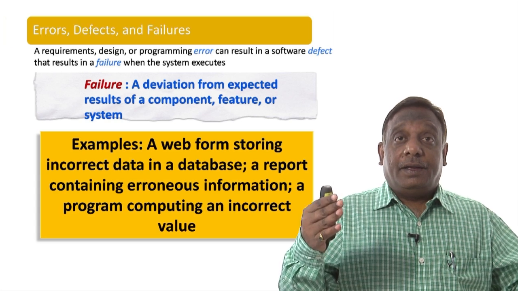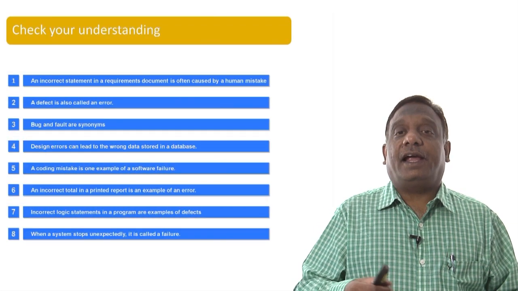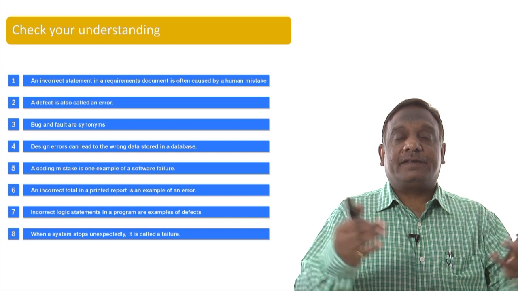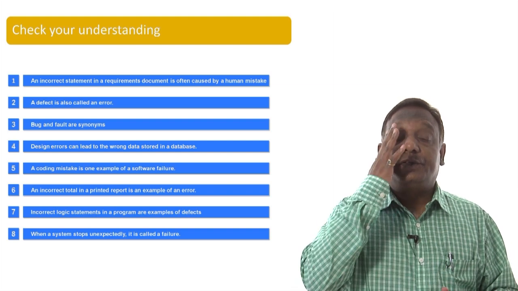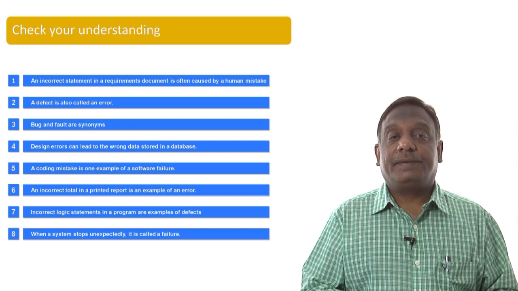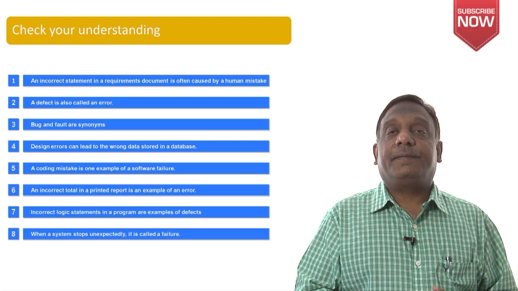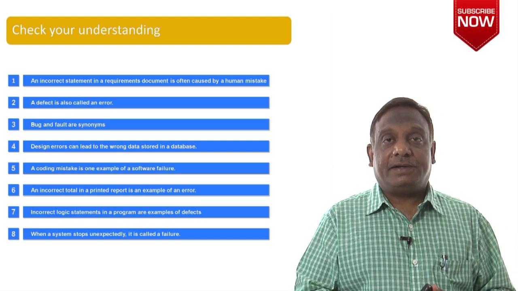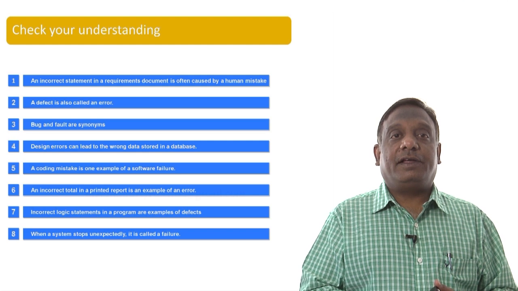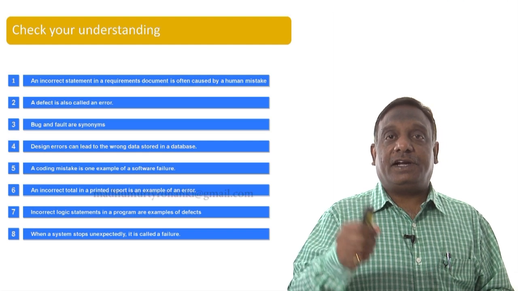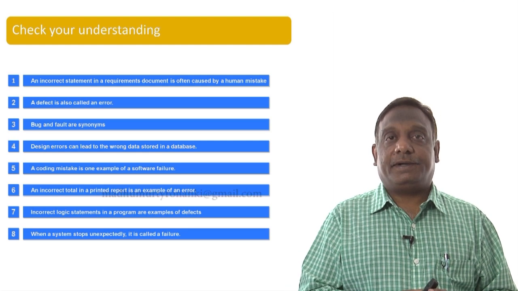So just to quickly understand these terms, let us check your understanding using this simple question. There are 8 statements here, and you have to tell whether each statement is right or wrong.